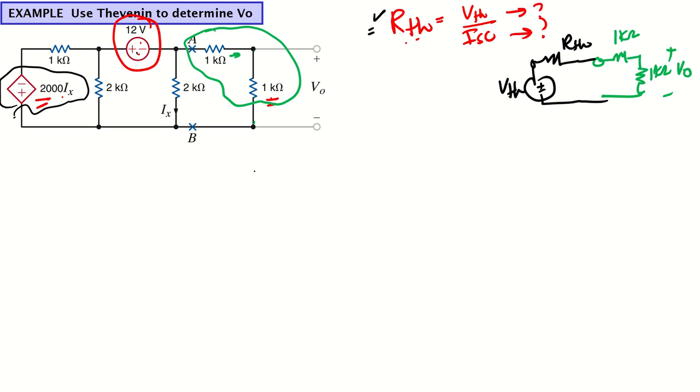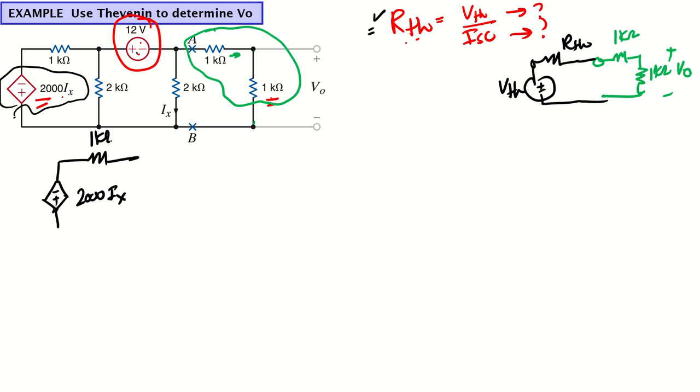The first step is to draw the circuit without the removed load components. So if we redraw the circuit, how will it look? Let's do that. I have a dependent voltage source of 2000 ix.